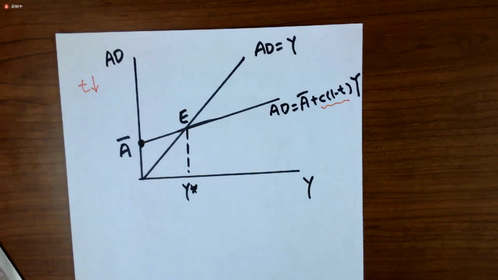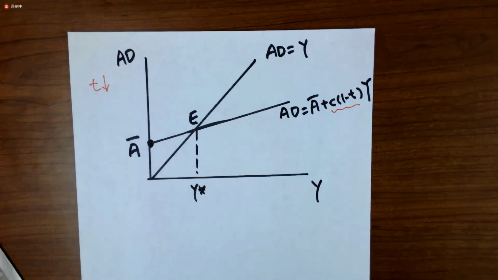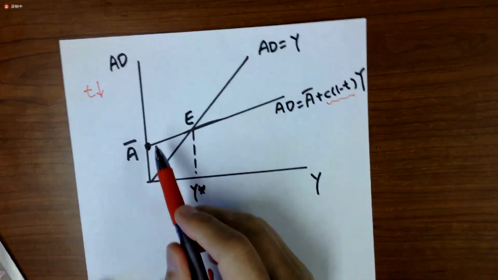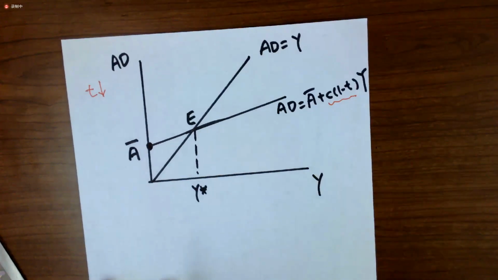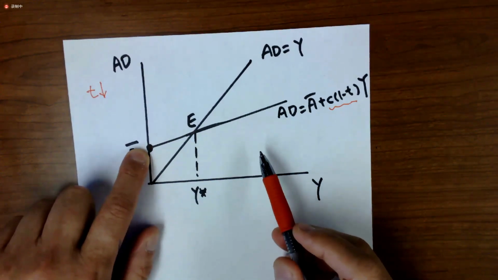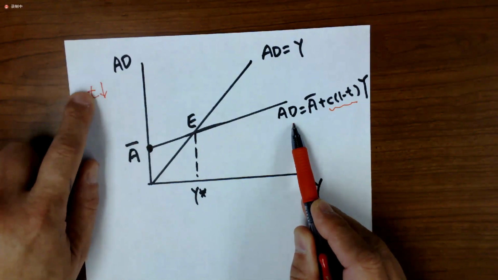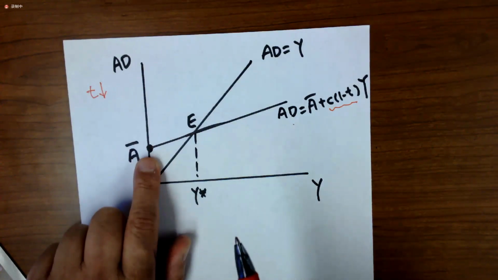Yes. So you are not going to see a parallel shift anymore. Instead, you're going to see a rotation starting from the same intercept of the aggregate demand equation. T goes down, slope becomes higher.